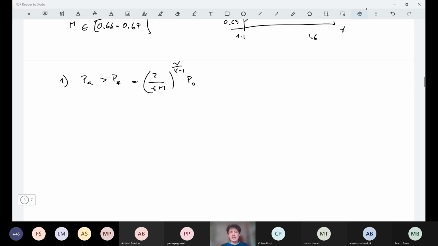In this case, the mass flow rate is increasing with decreasing ambient pressure and is the function expressed by the equation of Saint-Venant. The other possibility is that PA is less than P star, which is of course the same, and in this case we can express mass flow rate by this relation that we have just seen. So we have a maximum mass flow rate which does not depend on the ambient pressure.